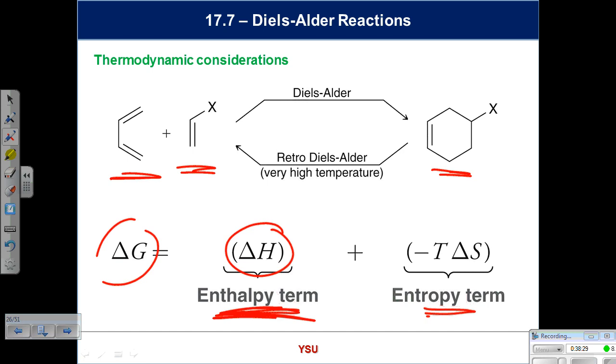It's a classic MCAT, PCAT, whatever type of GRE type of question that you see. This reaction is entropically disfavored because you're making a cycle. You're tying the molecule together, which prevents rotations. That's going to be a negative change in entropy, as opposed to the starter materials, which are acyclic, free rotations all over the place, and therefore much more favored in terms of entropy.